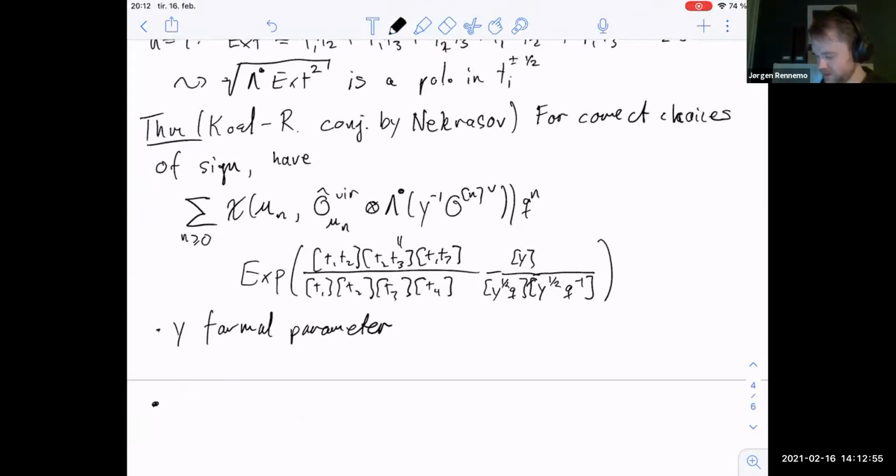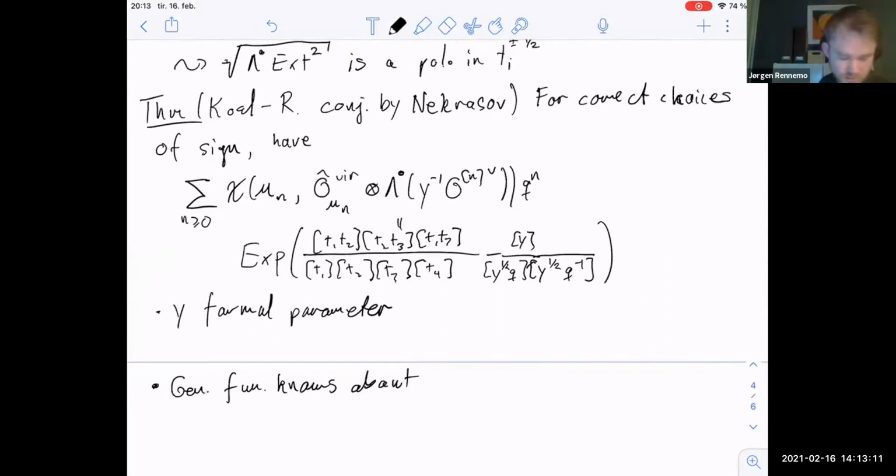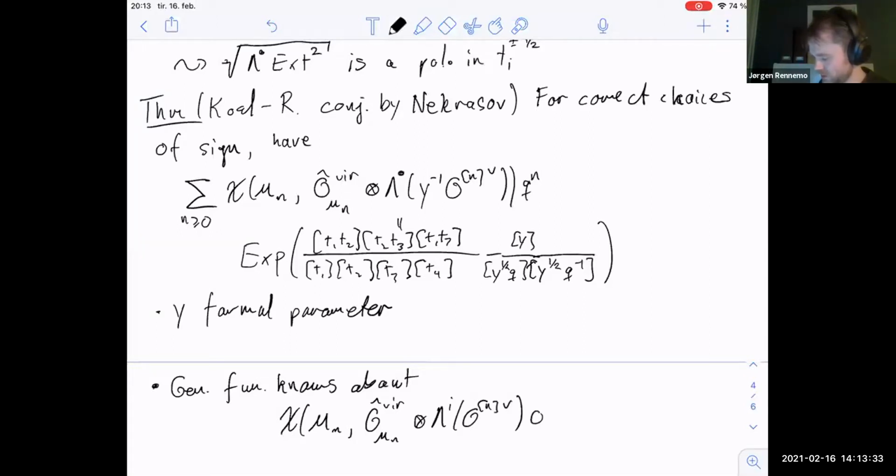So if you write this out concretely, the coefficients of this generating function, the generating function knows about the individual coefficients, which are basically going to be over Mn tensor sum, dual tensor.